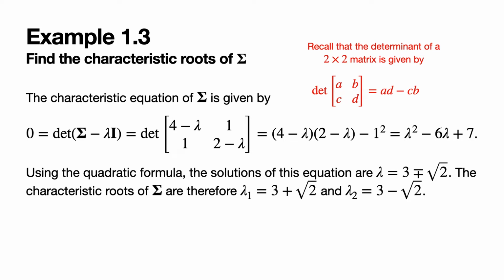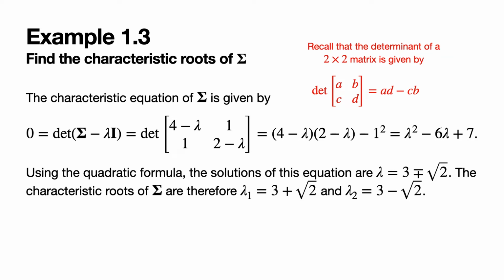And so the determinant of the matrix we have here would be equal to 4 minus lambda times the quantity 2 minus lambda, and then from that we would subtract 1 squared. And when you expand 4 minus lambda times 2 minus lambda and then subtract 1, we get lambda squared minus 6 times lambda plus 7.